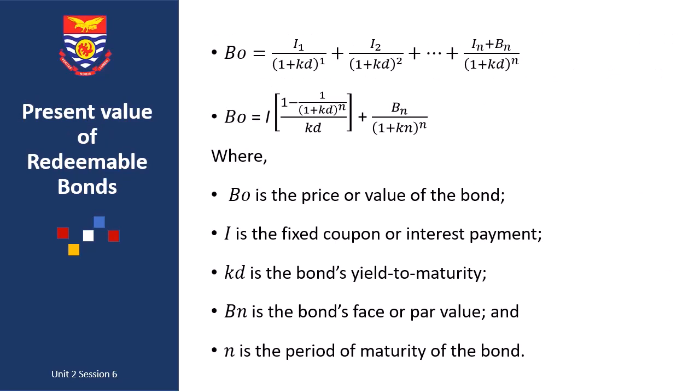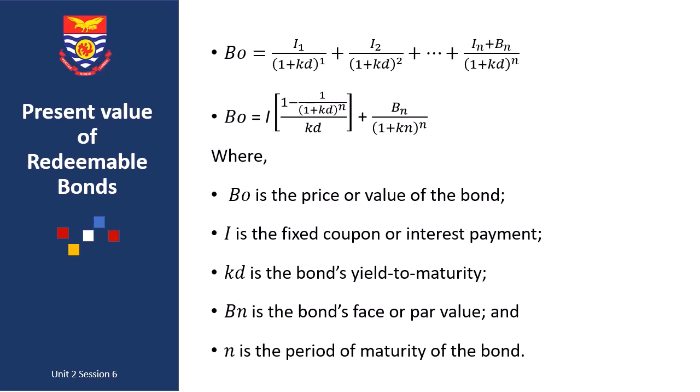Where the bond is redeemable, this is how to find the present value of the bond. The present value of the bond is the interest that is going to be accrued on the bond, discounted to the present value, plus the par value or the face value of the bond.